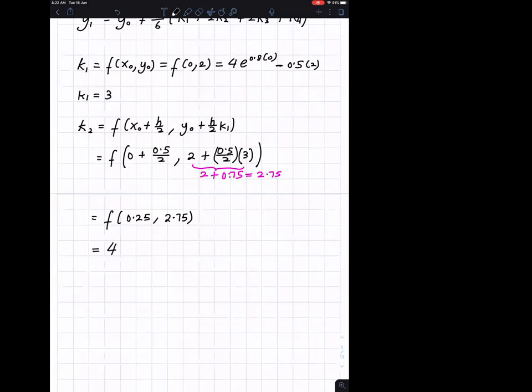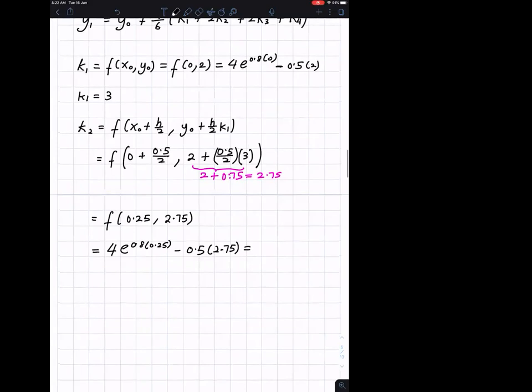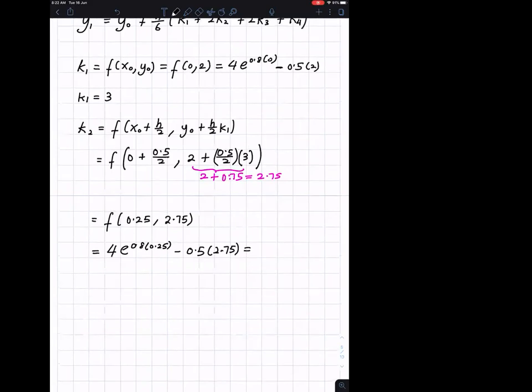So we have new x and y values: e to the 0.8 multiplied by 0.25, minus 0.5 multiplied by 2.75, which you calculate using your calculator.